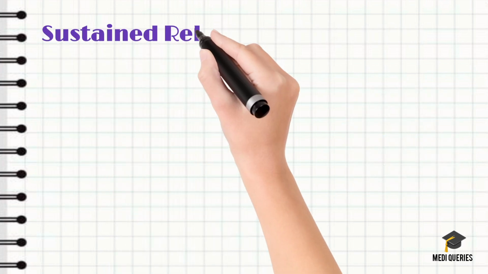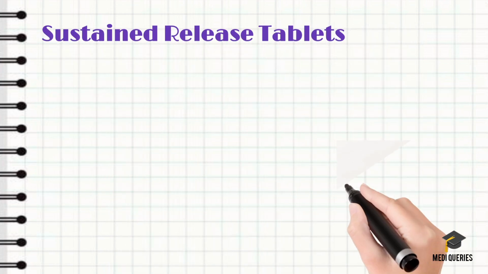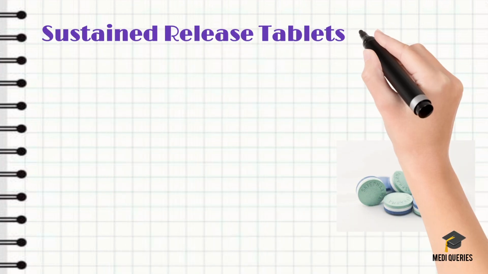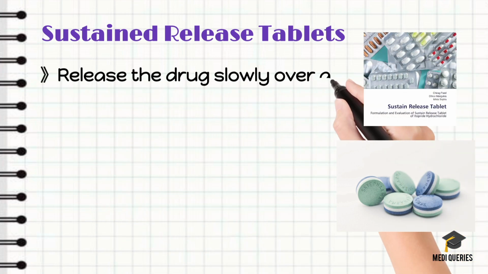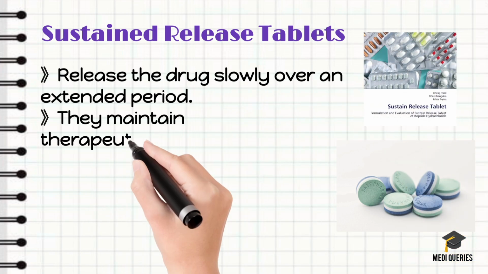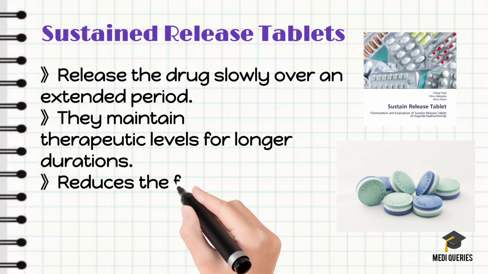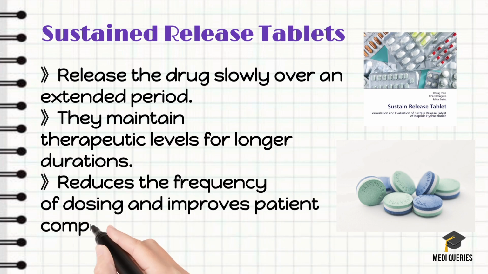And next one is the sustained and controlled release tablets. These tablets are designed for slow and steady drug release over a longer period. Sustained release tablets extend the drug action, reducing the need for frequent dosing. Controlled release tablets provide precise control over when and how the drug is released.